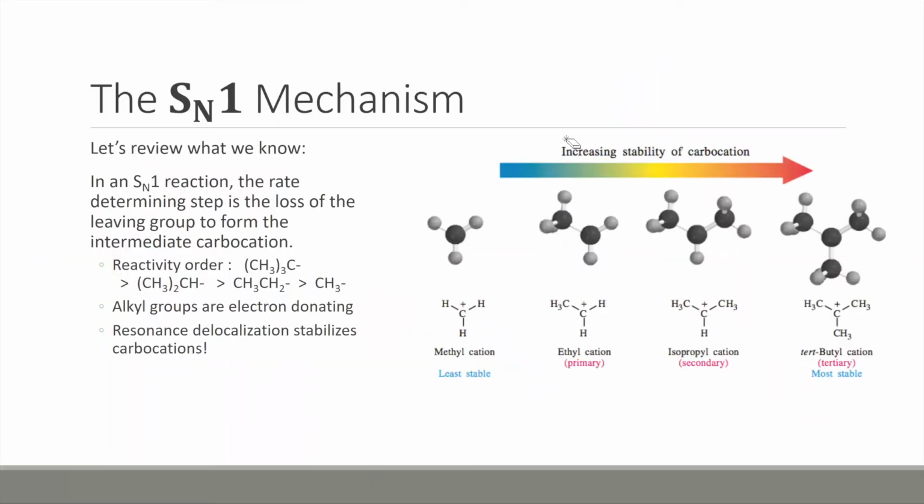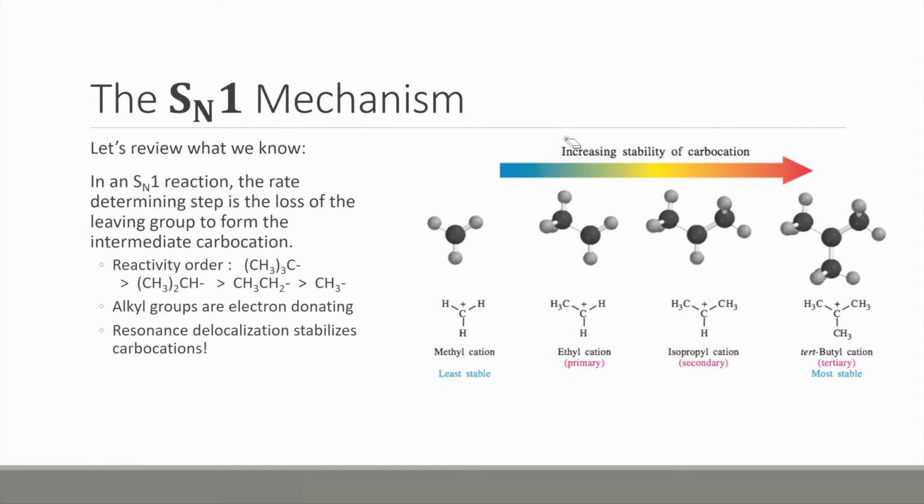So again, let's review what we talked about in these substitution reactions. We know that in an SN1 reaction, the rate determining step is the loss of the leaving group to form the carbocation. And we also talked about the reactivity order.